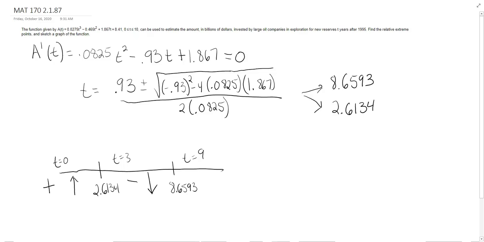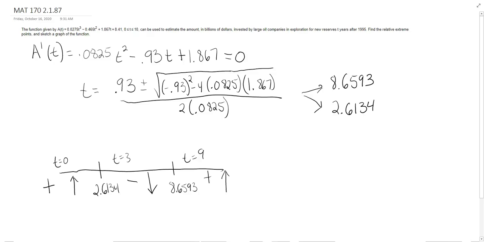And lastly, we put 9 into our function and see what value we get for the derivative. I will get 0.1795. The important thing there is it is positive, so the function is increasing.